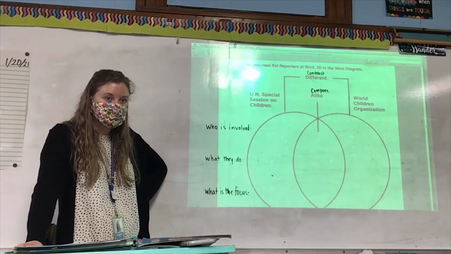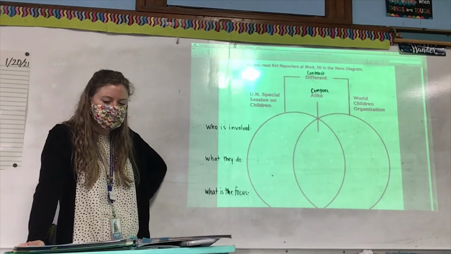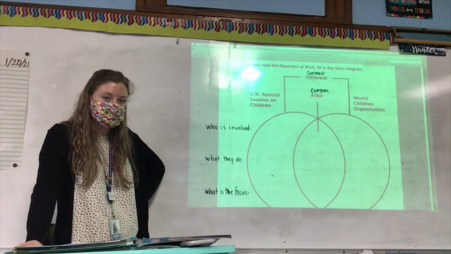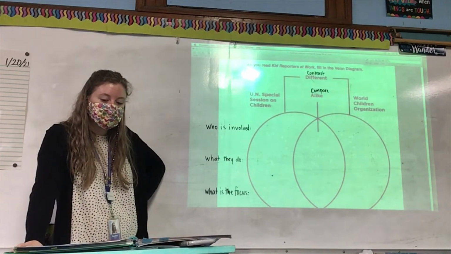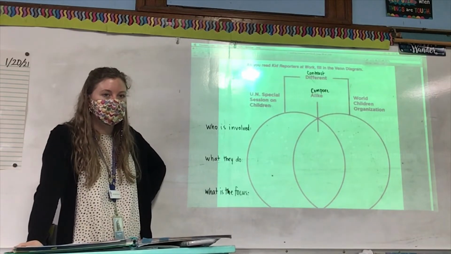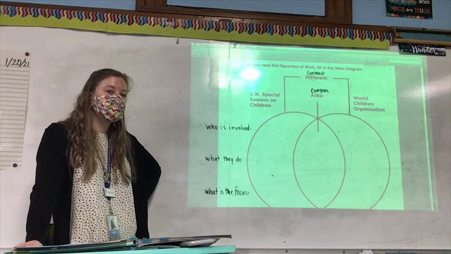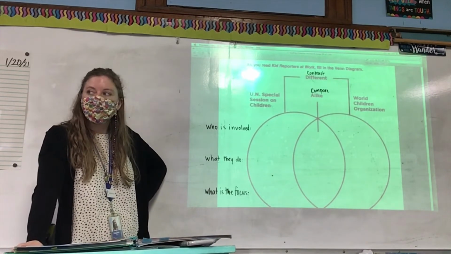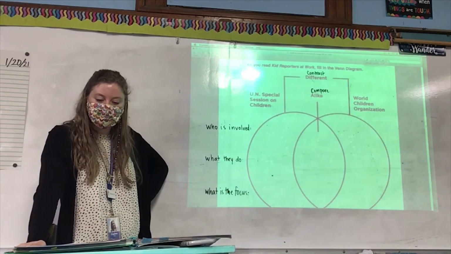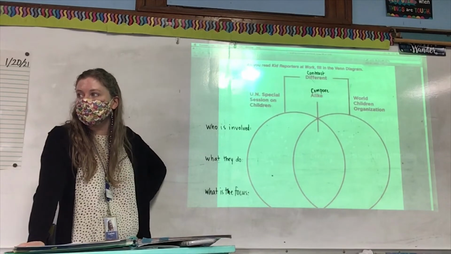Because it has who is involved. Does that sentence say who is involved? Does it have a group of people or anything? No. Victoria? That's what they do. Is it what they do? Does it say what they actually do in that conference?